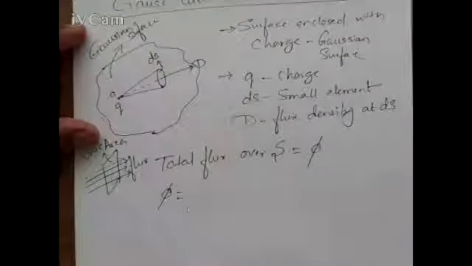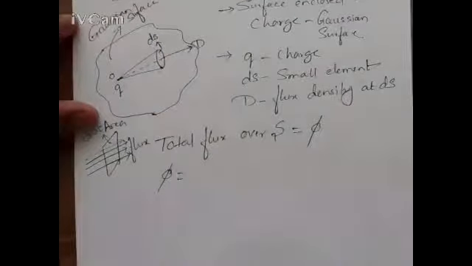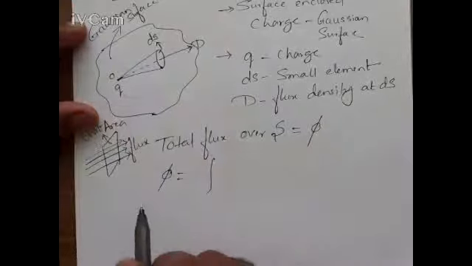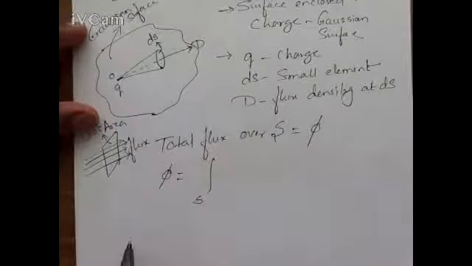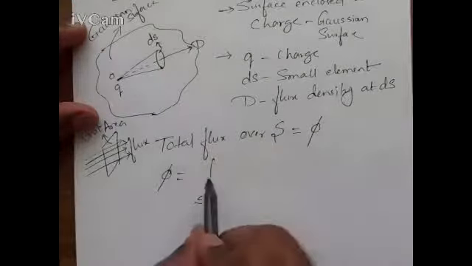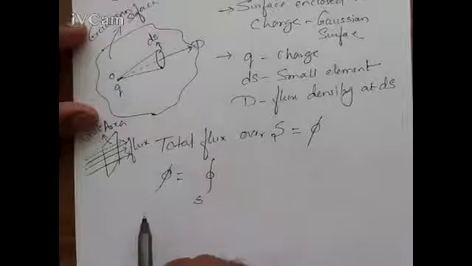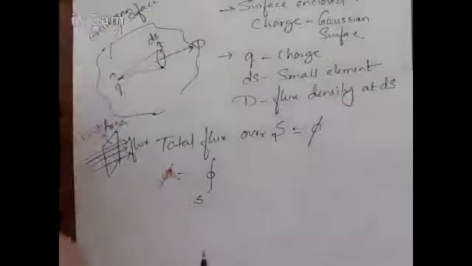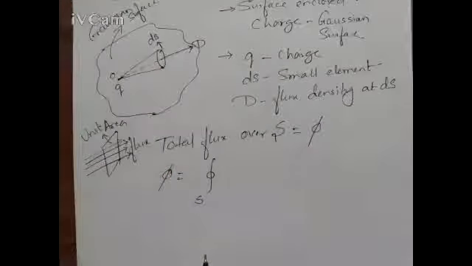So what should we do? We should integrate over the surface area, and it is a closed surface. Why is it closed? Because we have taken a three-dimensional diagram. So the surface is closed, like a football, like a ball, like a sphere.